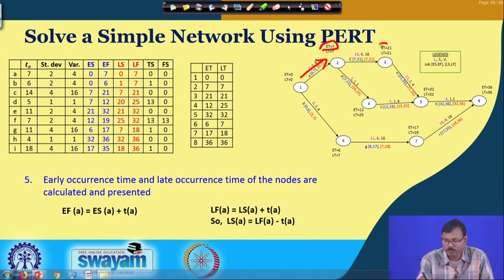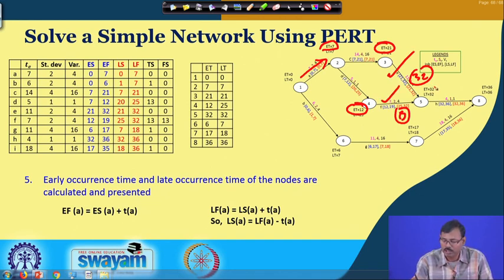Similarly, 7 plus 14 gives us 21 here, 7 plus 5 gives us 12 here, and 12 plus 7 is basically 19 coming here, but 21 plus 11 is 32 coming here. So the early occurrence time at this position, by completing both these two jobs, is possible only at the 32nd day or 32nd hour, whichever it is. That is why the early occurrence time of this node is 32.